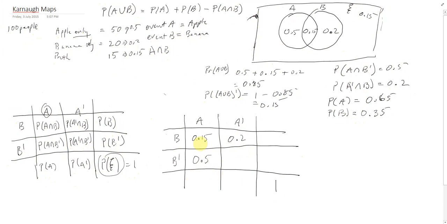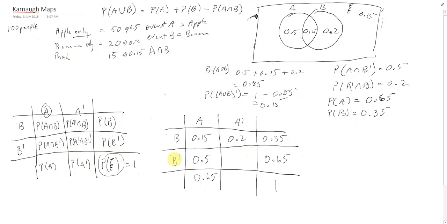Now we can fill in the rest of this table. So let's see, 0.15 plus 0.2, going across, gives us the probability of a banana, 0.35. Going down, add them together, we've got a 0.65. Okay, now this spot here, we need something to add to give 1. So that's going to have to be a 0.65 there.